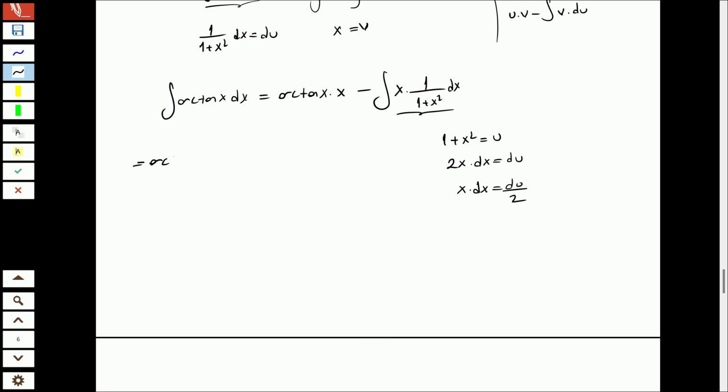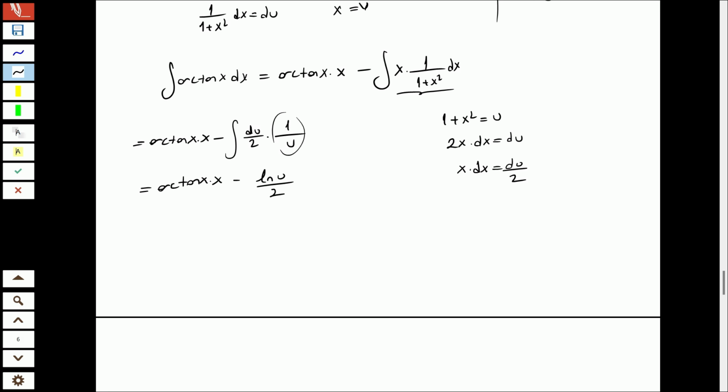This gives arctangent x times x minus the integral of du over 2 times u. I know that the integral of 1 over u is ln u, so we get ln u over 2, and you can replace u again with 1 plus x squared, giving ln(1 plus x squared) divided by 2.